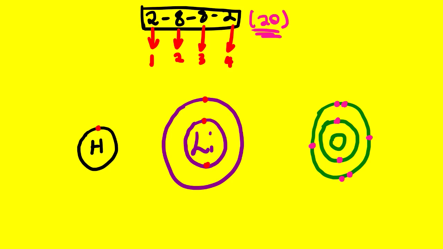Let us go ahead and draw the atomic structure of the last element, which is calcium. Calcium is element number 20.